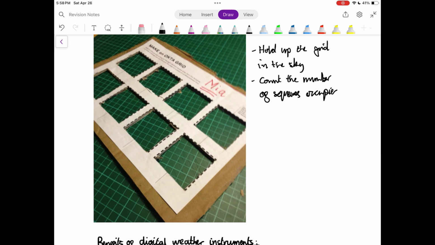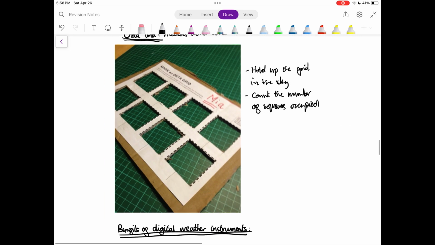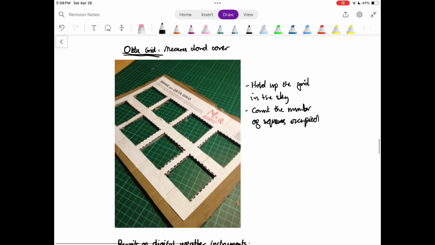So usually for this, the grid will have 8 squares in it, but it could have more depending on multiple factors. So yeah.